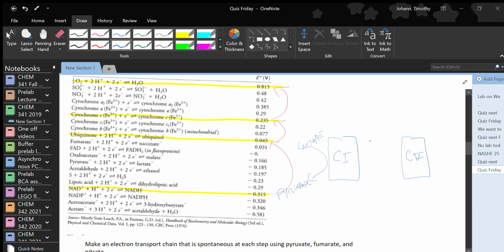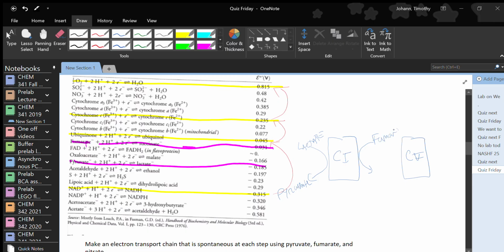On the other side, I'm going to come in with whatever the oxidized form of my next one is. So I'll move up until I see fumarate. So here we did pyruvate, right? Now we're going to do fumarate. And it would have been a better problem if I hadn't given them to you in order. I realized that I'd done that. But so you'd have to worry about that.